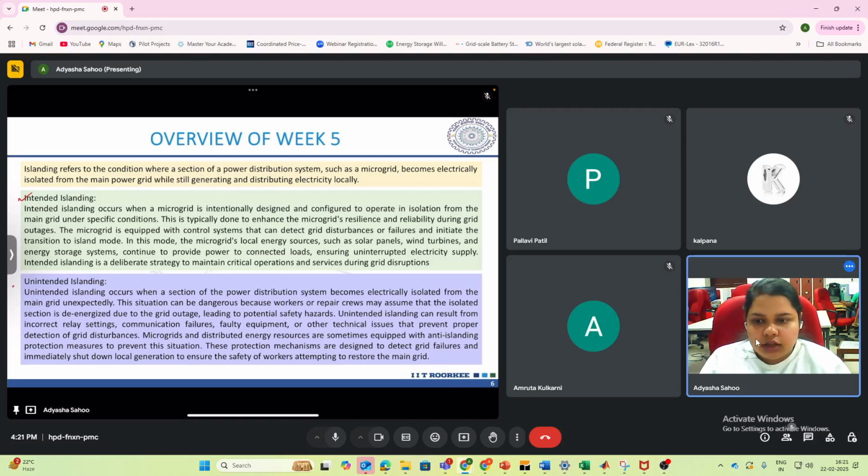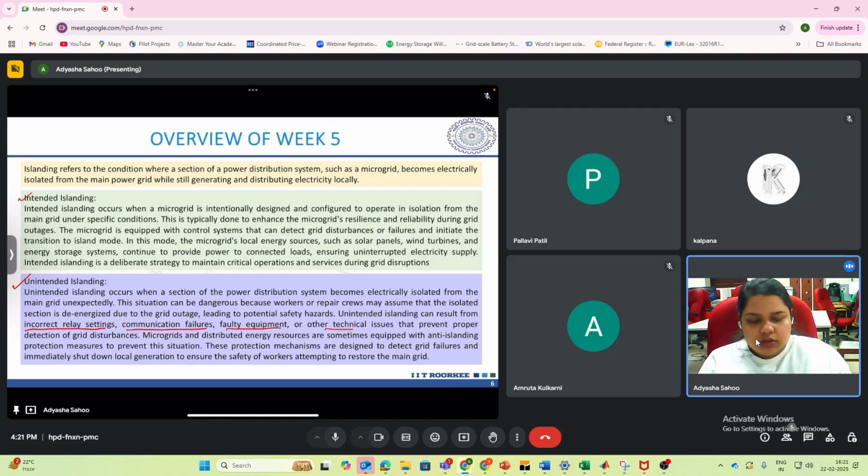Firstly, it can be a hazard for the workers or the repair crew members because they are not aware of the isolation of the section. So their safety will be compromised. The various causes for this may be incorrect relay settings, communication failures, faulty equipment, or any other technical issues.